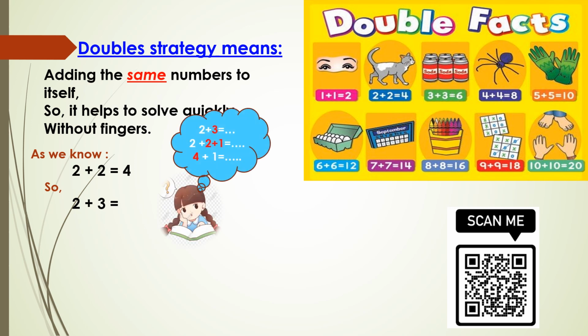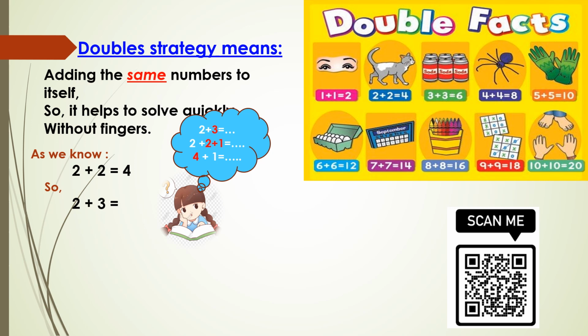First, we have 2 plus 3. We want to use doubles. First, 2 needs what to be double? 2 needs another 2 to be doubles. So we have to break down 3 into 2 numbers added together. So 3 can be 2 plus 1.